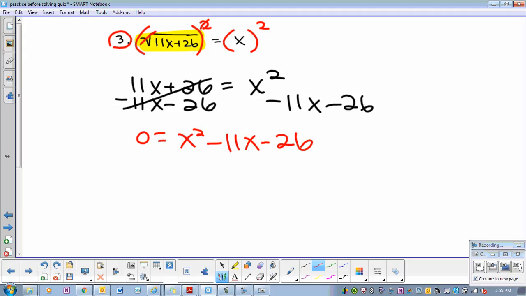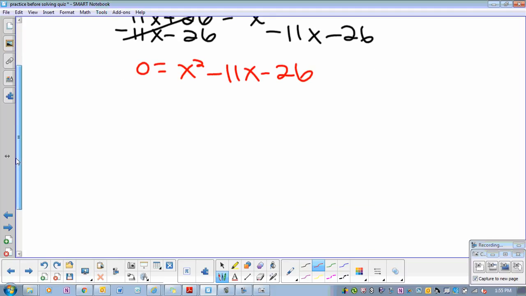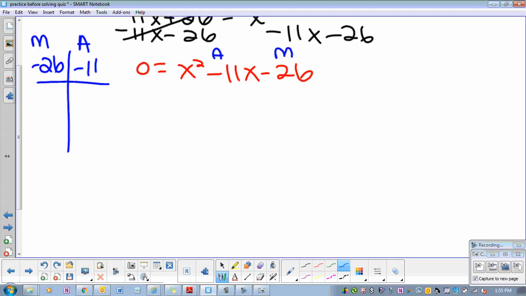Yeah? Now, how do I solve when I have a trinomial? Good. You have to factor this. Well, because it's a trinomial, right? So factor 2 numbers that multiply to give you negative 26 and add to give you negative 11.